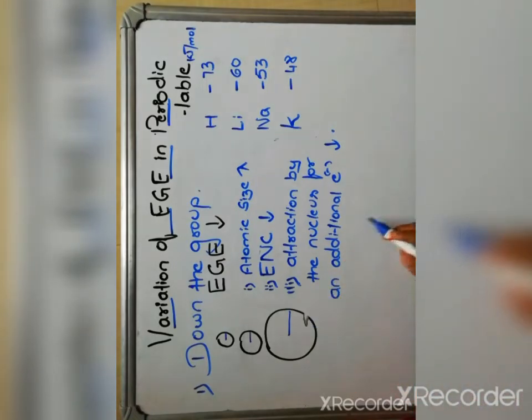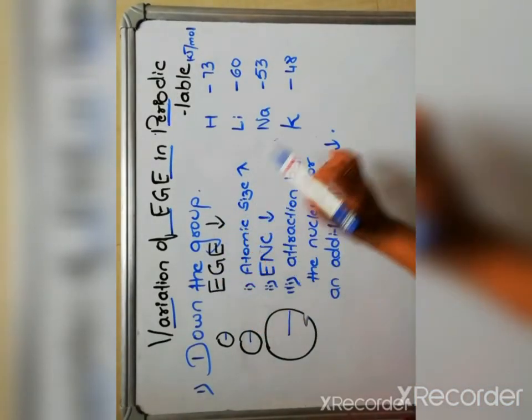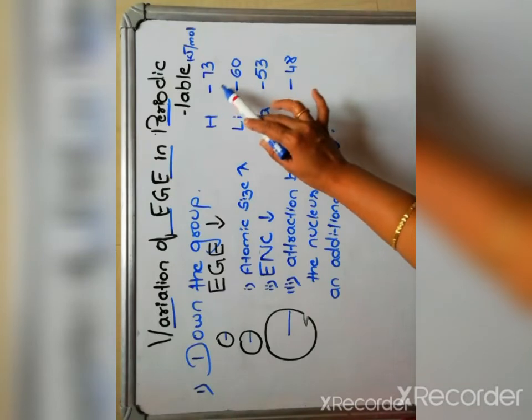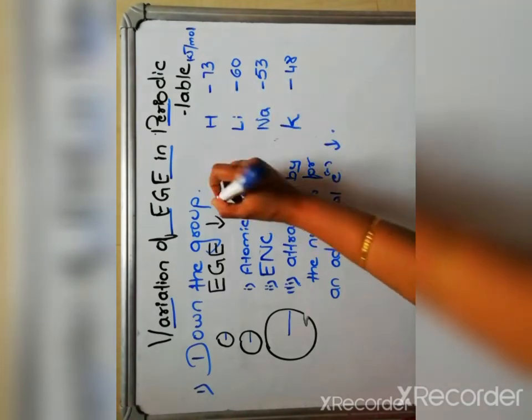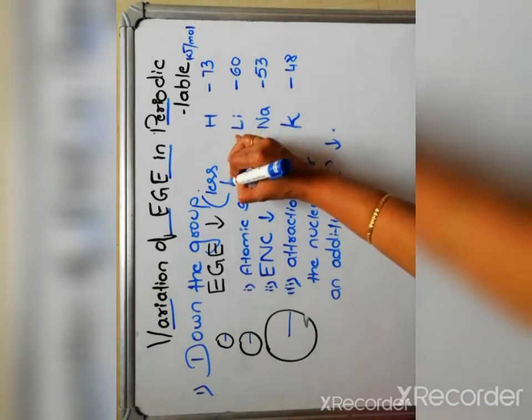Therefore, down the group electron gain enthalpy decreases, or it becomes less negative.